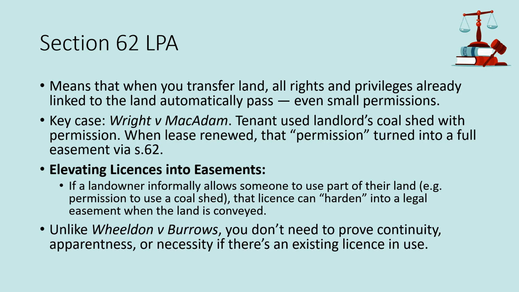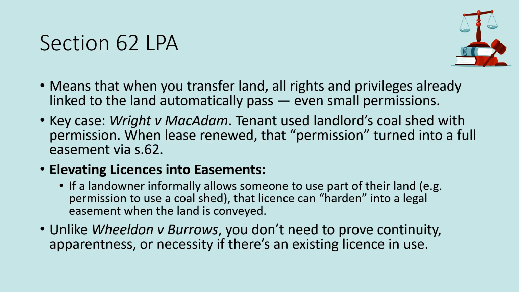And as I mentioned before, the difference with Wheeldon versus Burrows is that we don't really need to prove all those three conditions. We don't need to prove continuity, we don't need to prove apparentness, we don't need to prove necessity.